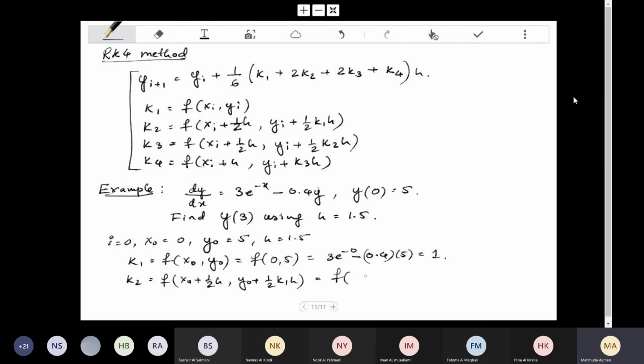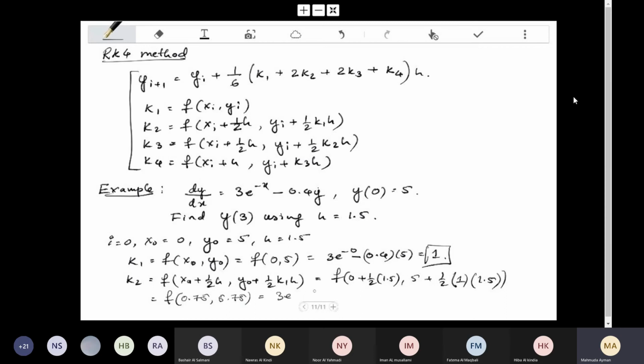So we'll have the function at 0 plus half times 1.5, which is 0.75, comma, 5 plus half times k1, which we just found to be 1, times h which is 1.5, giving 5.75.